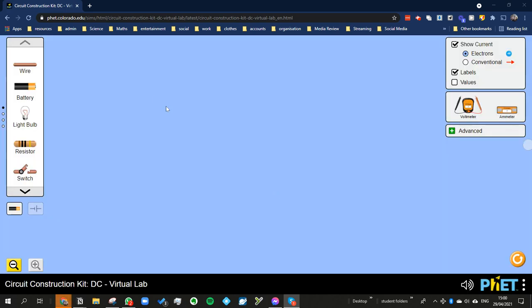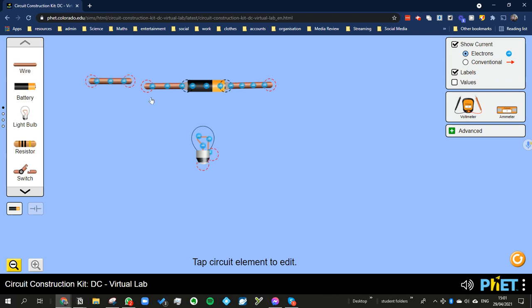Okay. Right. So we're going to play around with this. We're going to get a battery and some wires. You can have a go at playing around with this yourself, and by watching the video. They're all available on the resource database. Let's just get one light bulb for now, and we'll join this up.